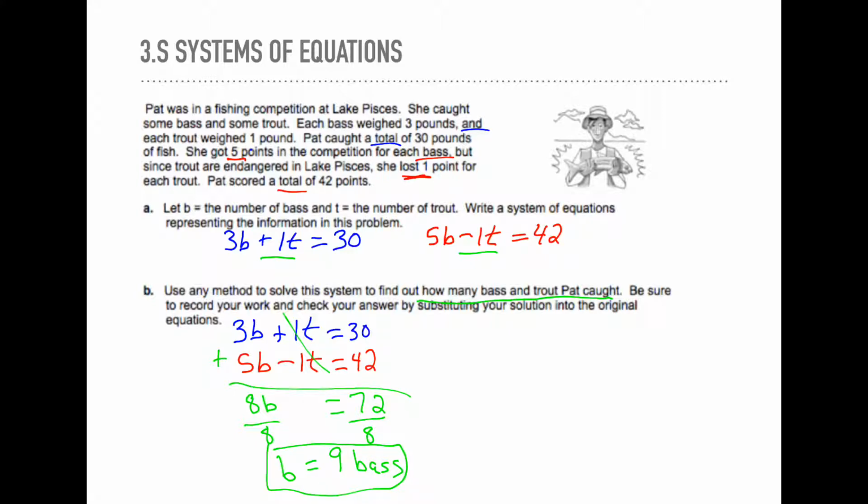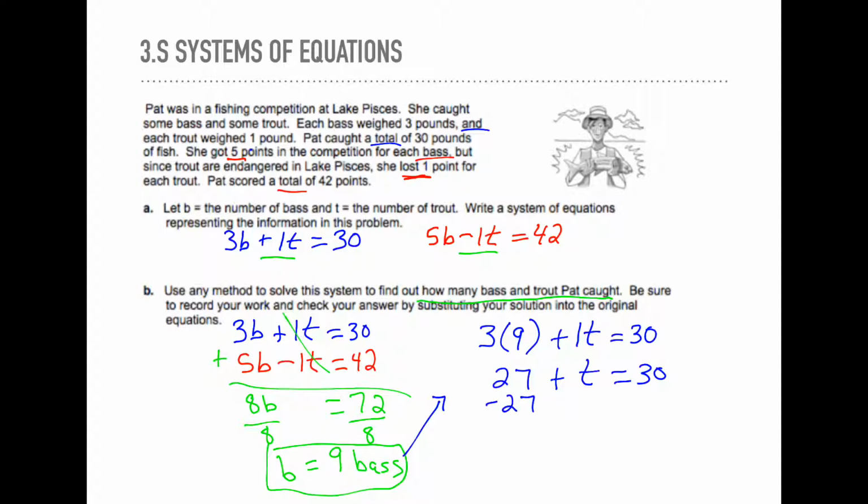So once again, plug it into either equation you want. The blue one has no minus sign, so that's probably going to be my best bet. So I'm going to plug that in. 3 times b, we already know what b is. We're going to plug it in. So that's 3 times 9 is 27, plus, I don't really have to write it as 1t, I can just write it as t, equals 30.